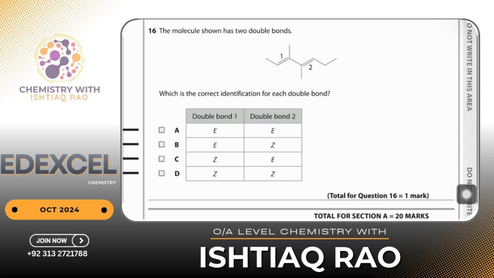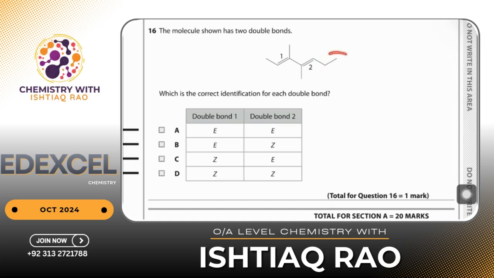No, it's not cis, because the higher priority groups are present on the opposite side, isn't it? It's a trans. Trans means E. E, E. We have two options, A and B. Then also we have to consider this.